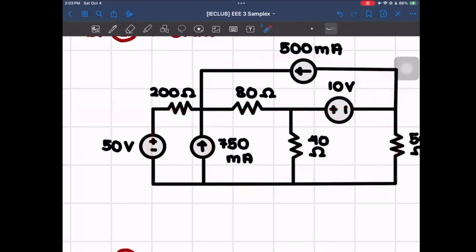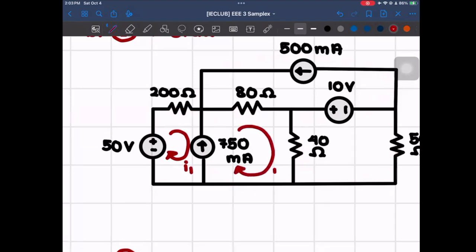So what we could do is just give them arbitrary directions. What I like to do is make all of these mesh currents follow the same direction unless they have, let's say, a current source already there. So for example, for this one, I'll leave that going clockwise. So that's I1.